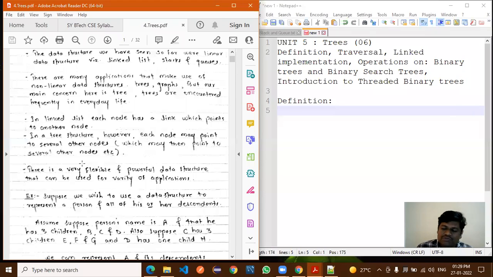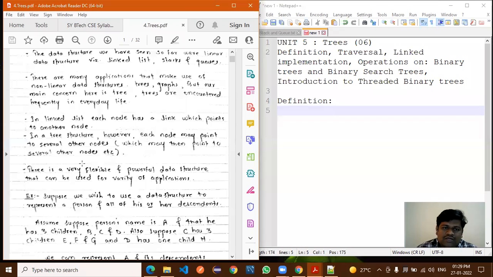In such applications only, we use the concepts of stack, queue, and linked list. But nowadays, in many applications, we are using non-linear data structures.